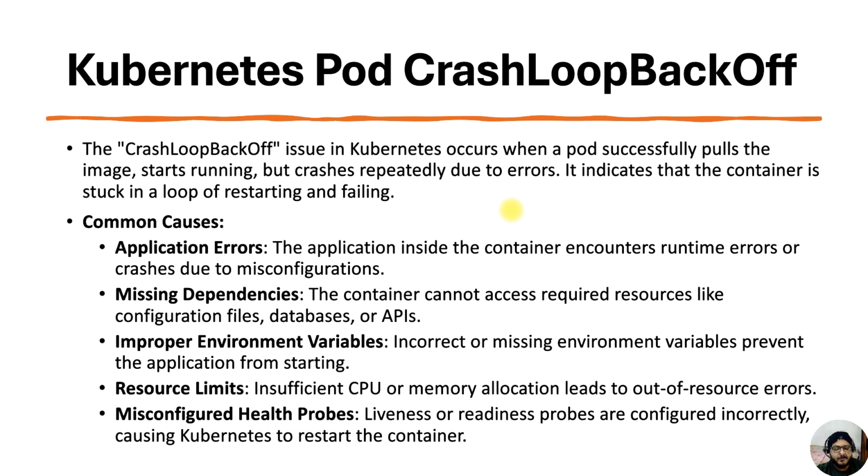So in this particular case, the Kubernetes pod gets the Docker image which is required to run your application, but it starts the container and stops the container, and it runs in this particular loop. After multiple attempts, the status you will see in the logs is called CrashLoopBackOff.